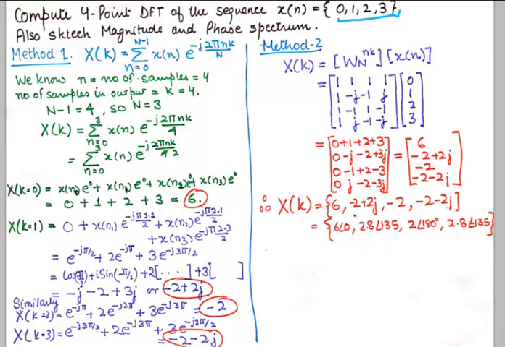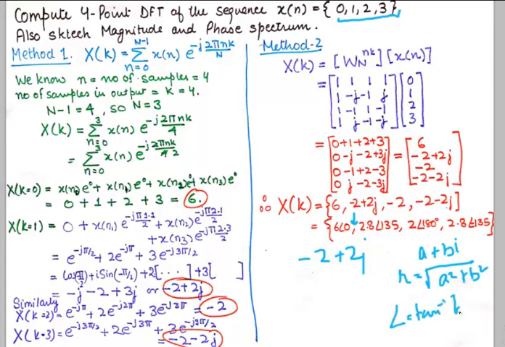From rectangular format, you need to convert it into polar format. If you have any trouble converting this into polar format, you can do it through a calculator. I've made a couple of videos, you can look them up. For example, this minus 2 plus 2j is represented in a plus j b format, where the magnitude is root of a square plus b square, and the angle is tan inverse b by a.